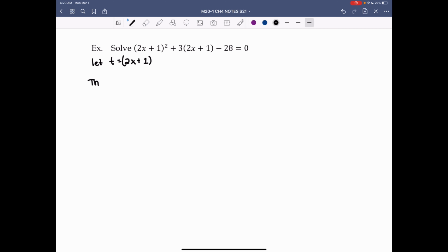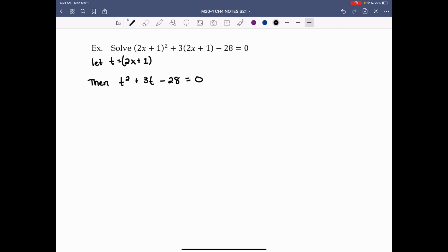Then if we rewrite this quadratic with t, we get t squared, because 2x plus 1 is just t, plus 3 times t, again, because 2x plus 1 is t, minus 28 equals 0.